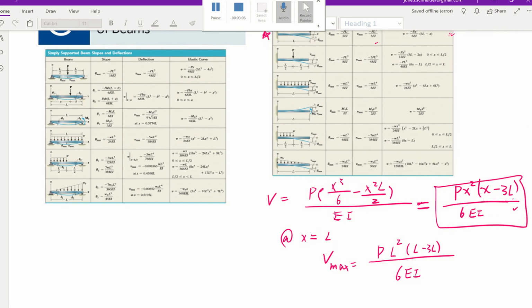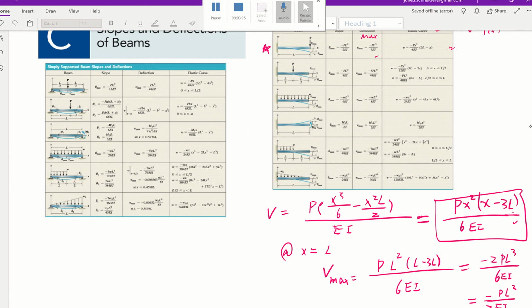Then we'll have 6EI, and here we'll have negative 2PL cubed. If we cancel out, that would be 3EI, and then negative PL cubed. So that happens to be the same value here.